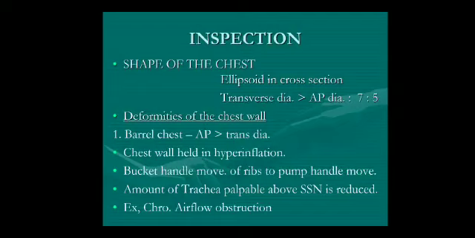As we know, in inspection, we'll see first the shape of the chest. The shape of the chest should be bilaterally symmetrical. In cross section, it will be elliptical in shape. That is, the transverse diameter will be more than the anteroposterior diameter.